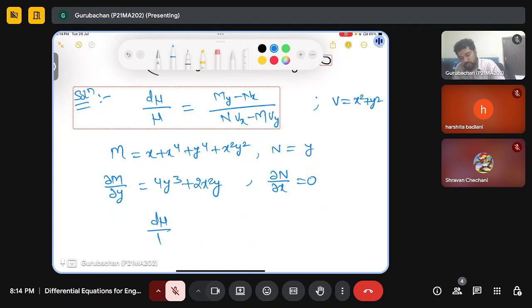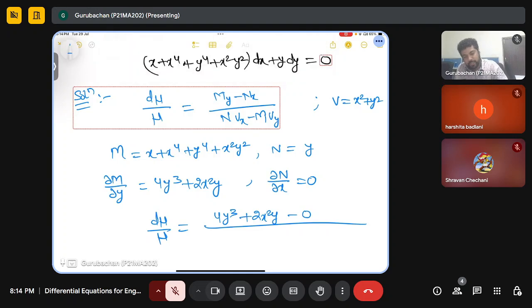So d mu by mu is equal to 4y cube plus 2x square y minus 0, divided by N v_x. So what is N? N was y, and v_x means 2x. So it will be 2xy. Next, what is v_y? 2y.